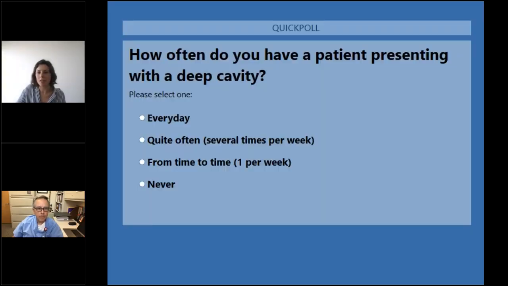So, can you see the first question? The first question is, how often do you have a patient presenting a deep cavity in your practice? You will have 20 seconds to answer: every day, quite often, from time to time, and then we will see the results. So please answer. I will close in 10 seconds.